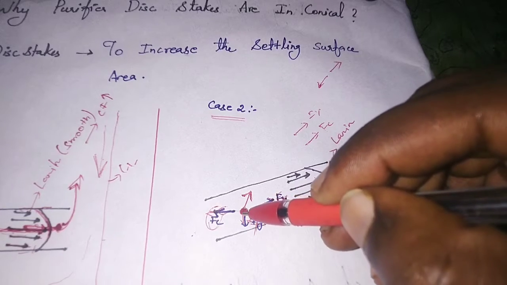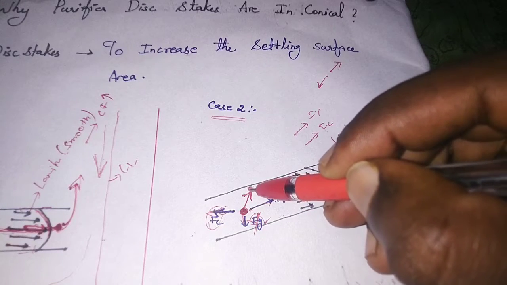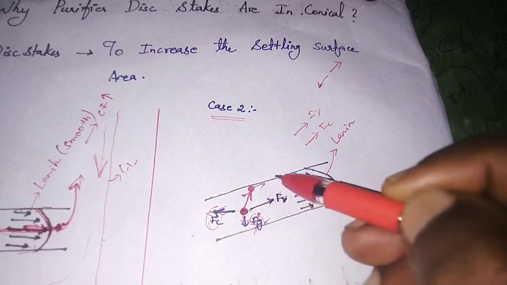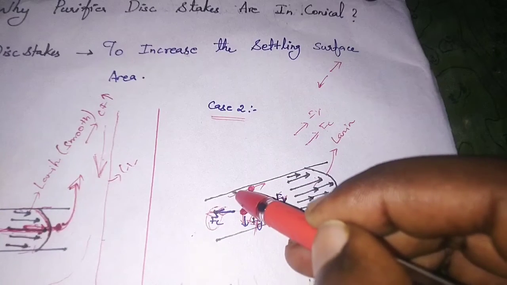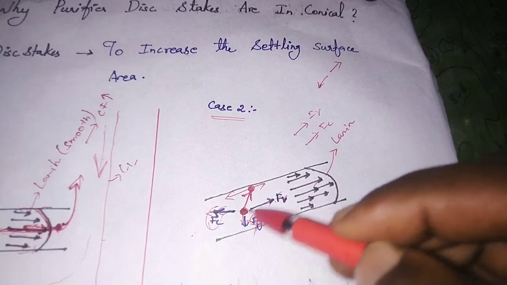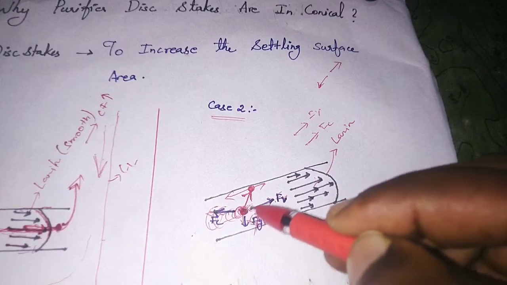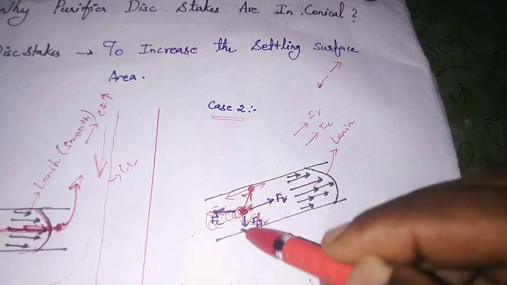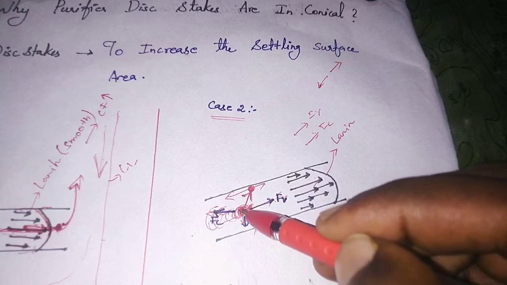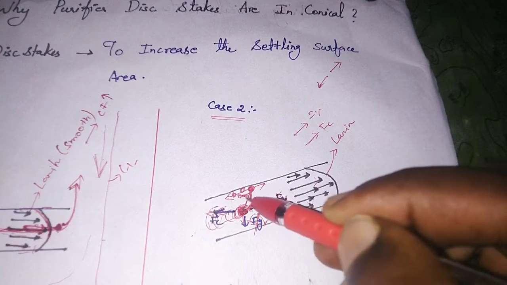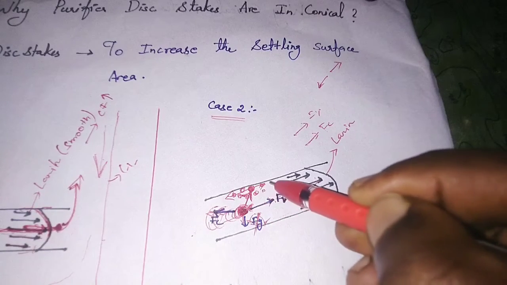So our solid particle will move under the plates. Here there is less velocity force and higher centrifugal force. All particles come to the center line of the two plates, and due to the resultant force, all particles move under the plates.